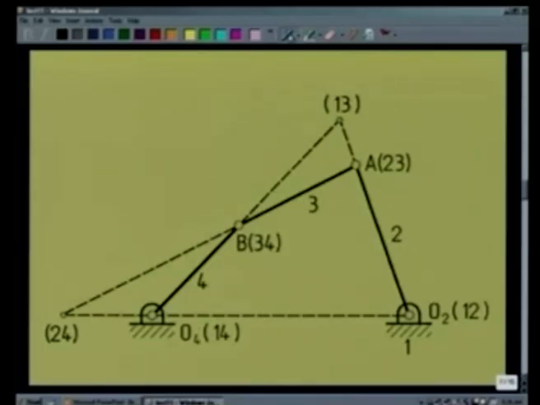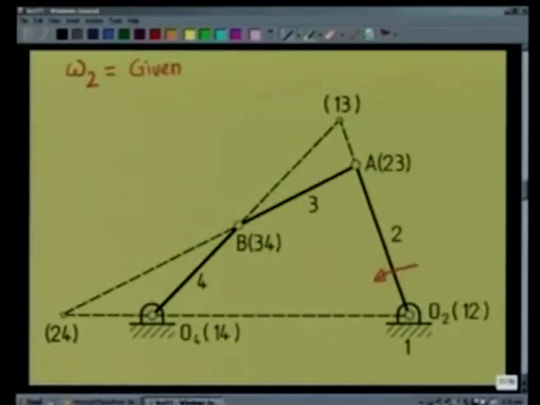For velocity analysis, let us say the angular velocity of the input link, say that of 2, is given. That means the problem is: input angular velocity omega 2 given, and our task is to determine the angular velocity of the other 2 moving links, say link number 3, that is the line AB, and link number 4, that is the line O4B.